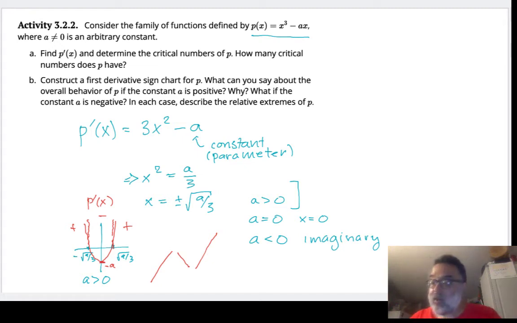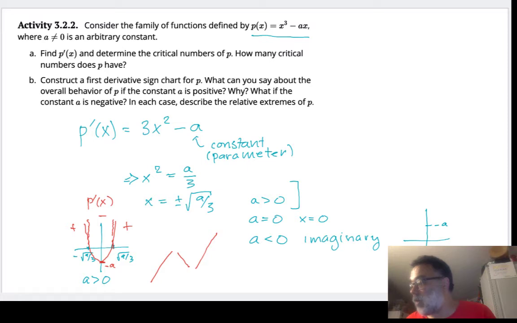If a is less than 0, that would be like -2. So that would wind up being 3x squared plus 2. So that's something that's always positive. This is still minus a. So in our case of thinking about a as -2, that would be up to 2 because we have 3x squared minus a -2.